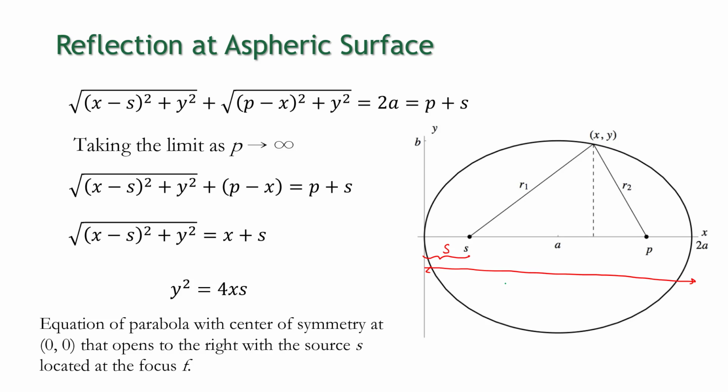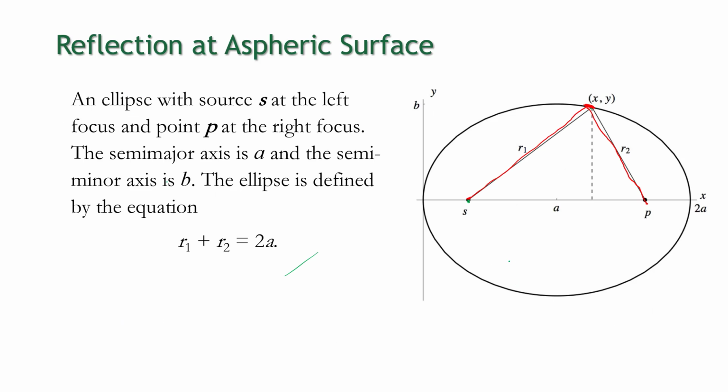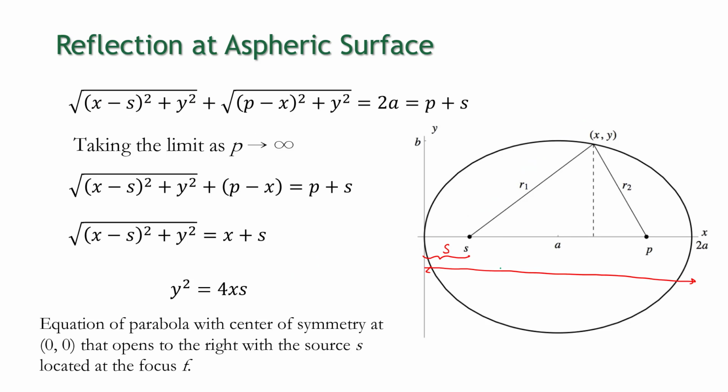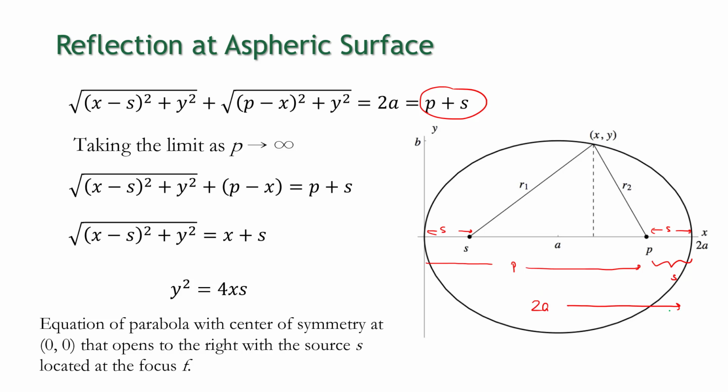Here, this one is s, the same distance here and here. So this is s, same here, and from here to here is p. So this whole thing is p plus s. So 2a is R1 plus R2, which is also p plus s.